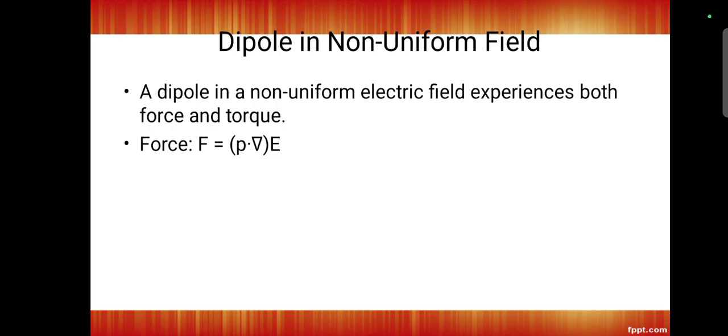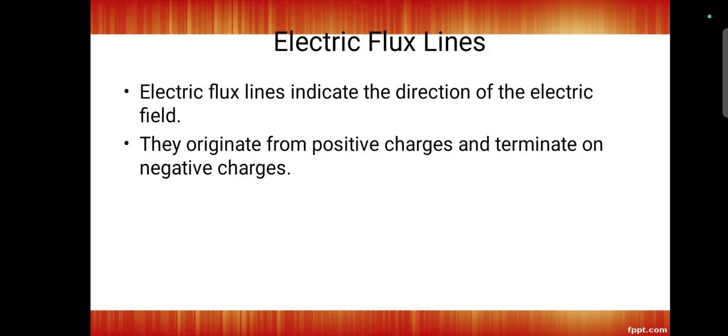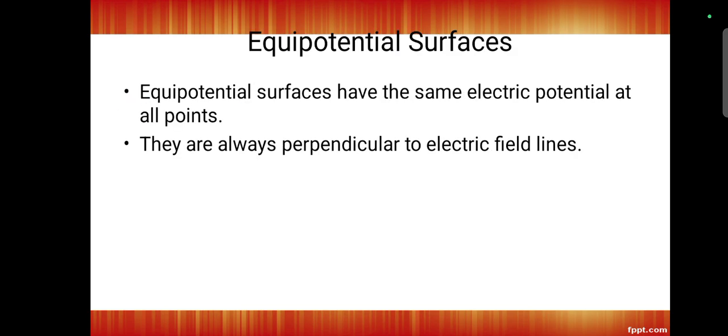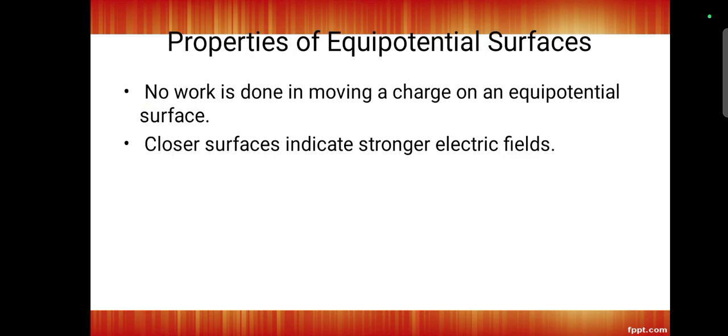A dipole in a non-uniform electric field experiences both force and torque. The force is F equal to (P dot del) E. Flux lines give the direction of the electric field, originating from positive charges and terminating on negative charges. Equipotential surfaces have the same electric potential at all points and they are perpendicular to electric field lines.